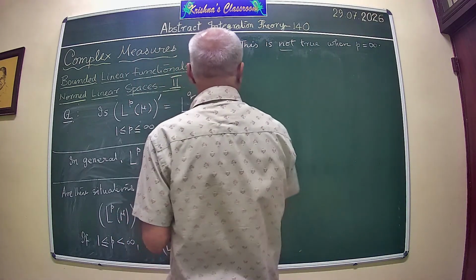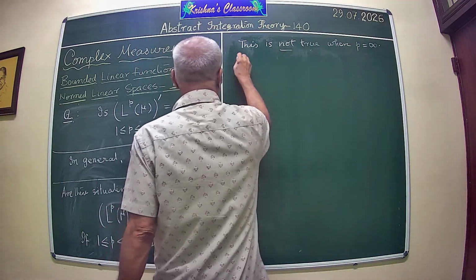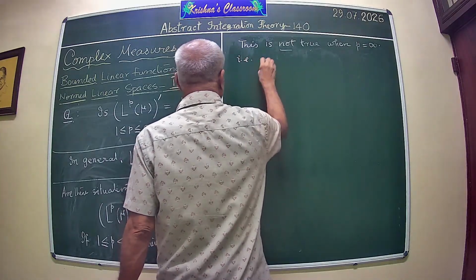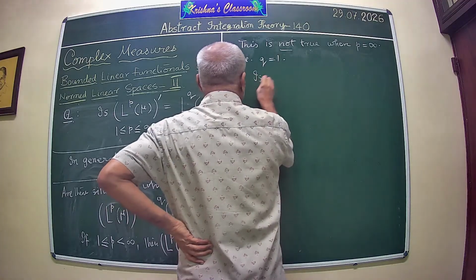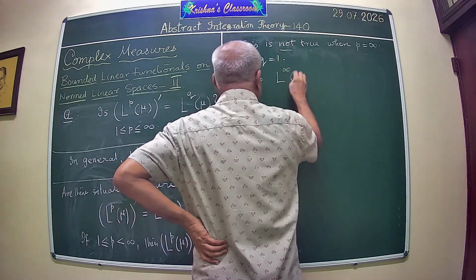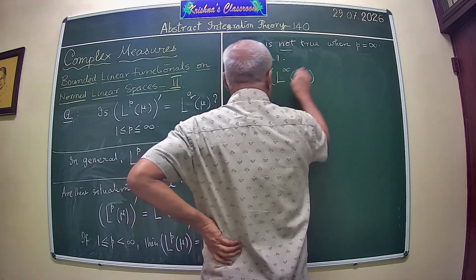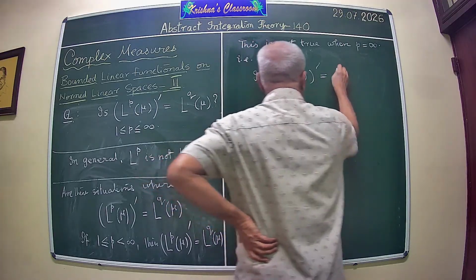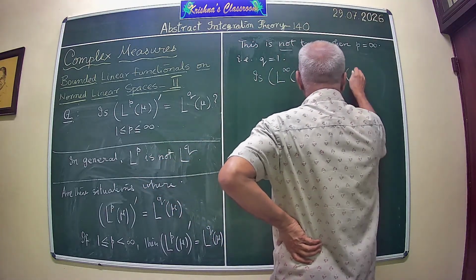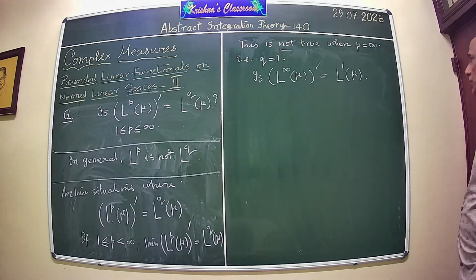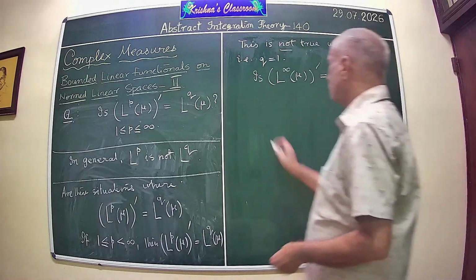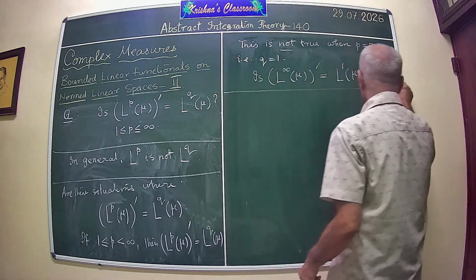So this corresponds to the case Q equal to 1, because you know that when P equal to infinity, then Q equal to 1. So this is the broad question that you are asking.